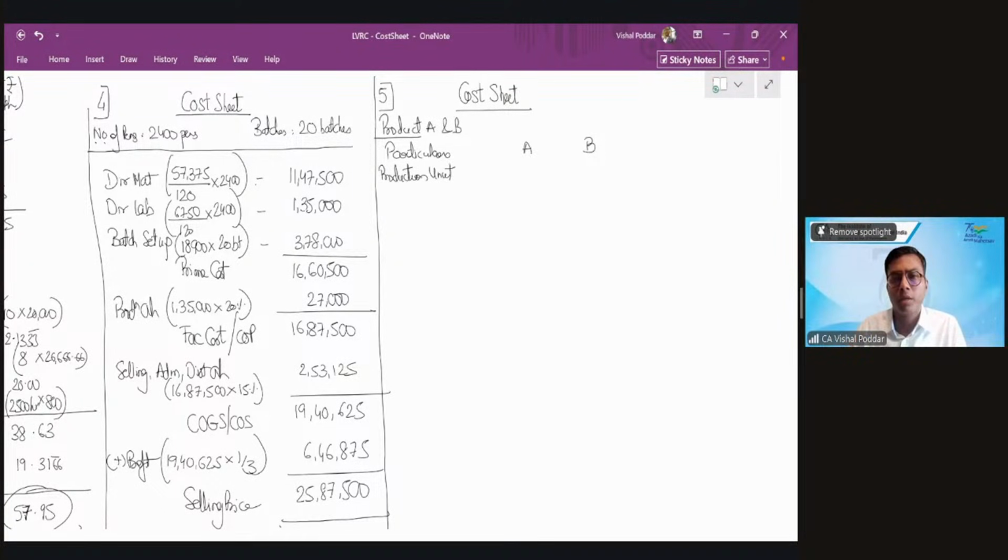For A, it is 40,000. For B, it is 1,20,000. Right, students?